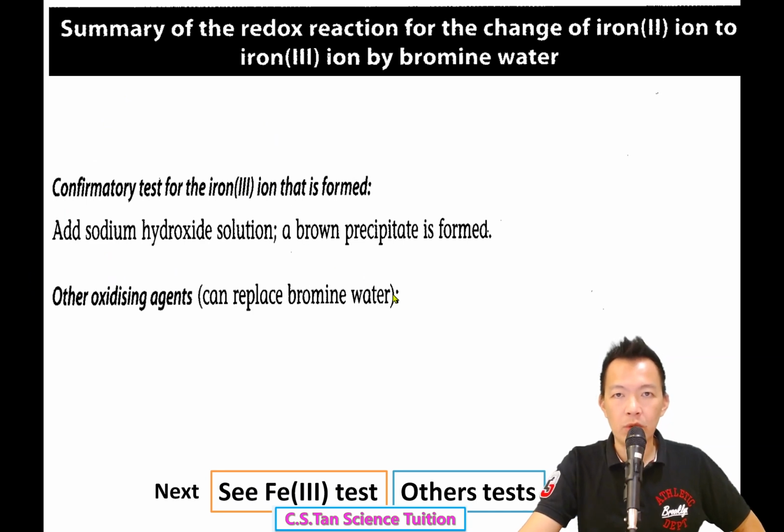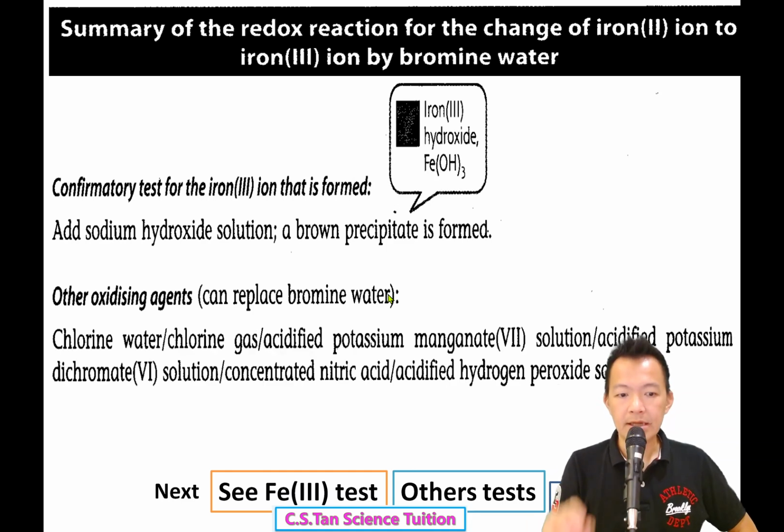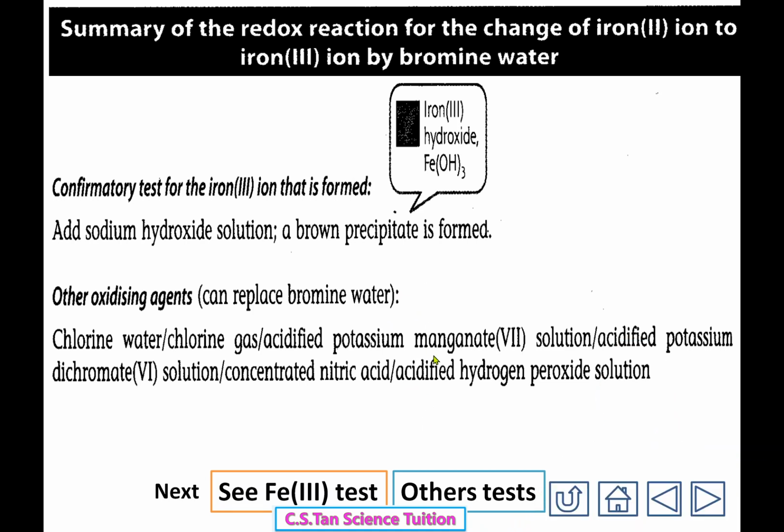Next, other oxidizing agents. So beside the bromine water, is there any other chemical substance that can oxidize iron 2 to become iron 3? A lot. You may copy under your notes or you may already have the answers. Chlorine water, chlorine gas, acidified potassium manganate 7, or acidified potassium dichromate solution, a lot. But which ones are important?